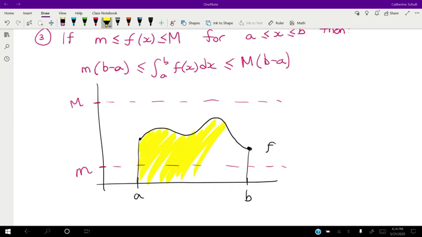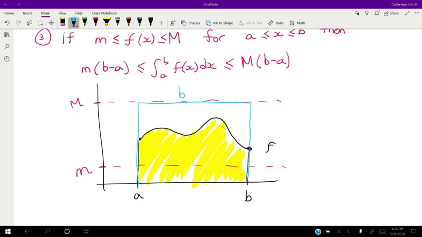it's the area of this region, right? That's what the integral is. We're saying it's between two numbers, and the two numbers are the areas above and below. So for instance, let's look at the area that's formed by the upper limit. That's a rectangle, right?